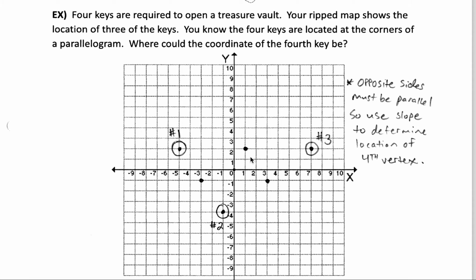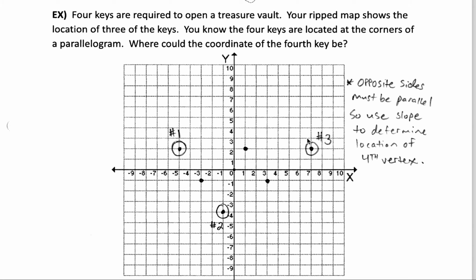Another thing we can think about is notice that vertices are opposite from each other. So this first vertex that we found was opposite from this corner. If we just think about that and find a fourth vertex that is opposite from one of our other 2 points, then we could find another location. So let's say we want to go opposite from this corner.